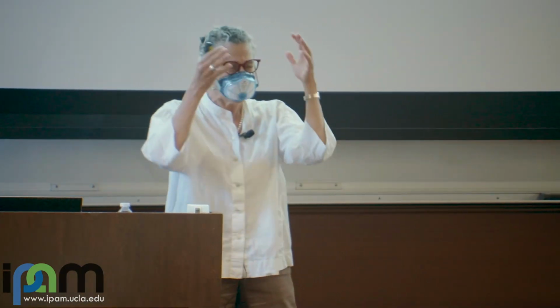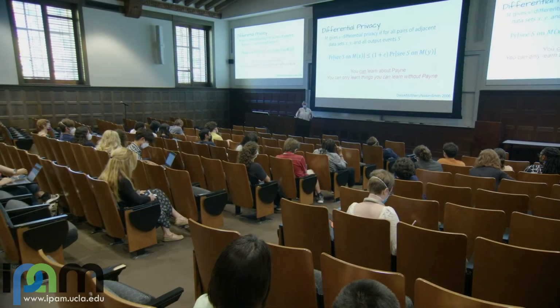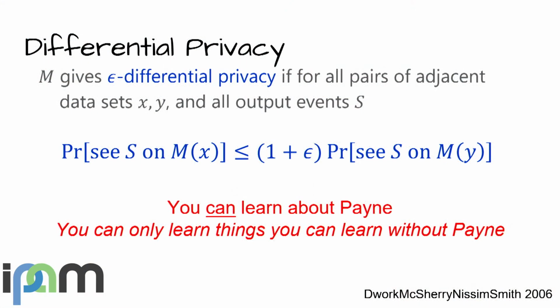If you switched from only having Democrats to only having Republicans, you would have different statistical things that you would learn. You expect that. But what we want is that at small perturbations, you don't see a difference. And so you can learn things about pain, but there will be things that are true of the population as a whole. And you could have learned them even had she not been present.